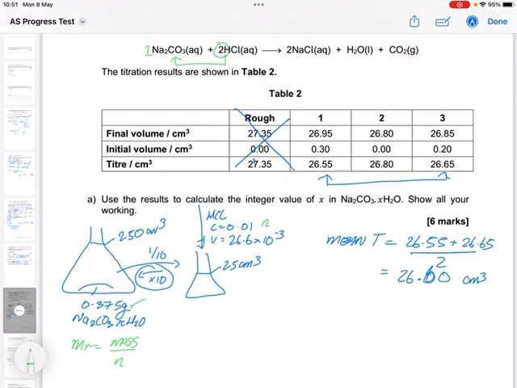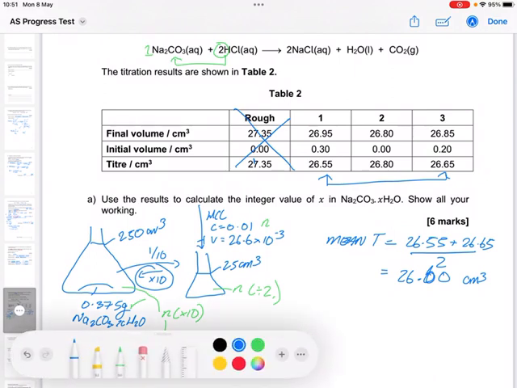Okay, so to go from here to get the number of moles here, I need to divide that by 2. Okay, and then to get the number of moles here, I need to times it by 10. And that number of moles there goes into this bit here. So that's the route for the calculation.